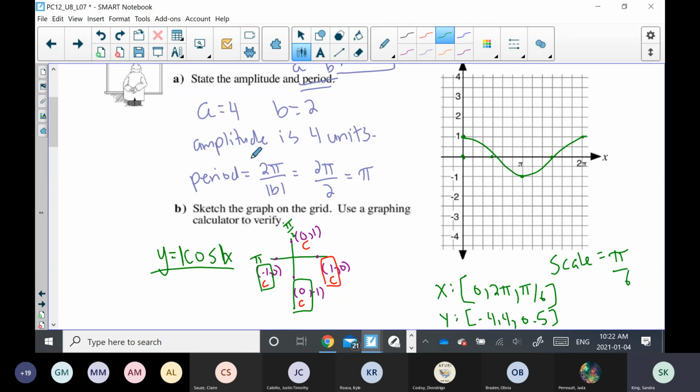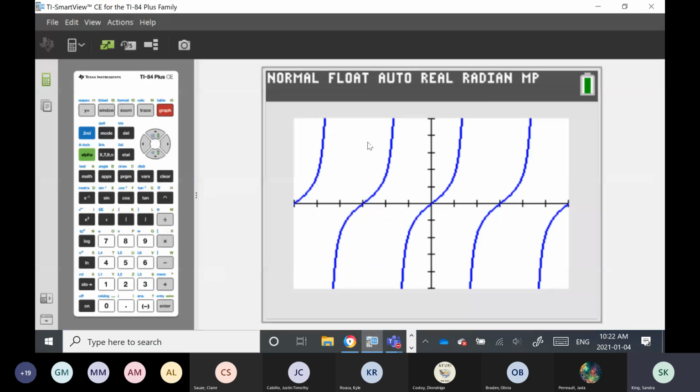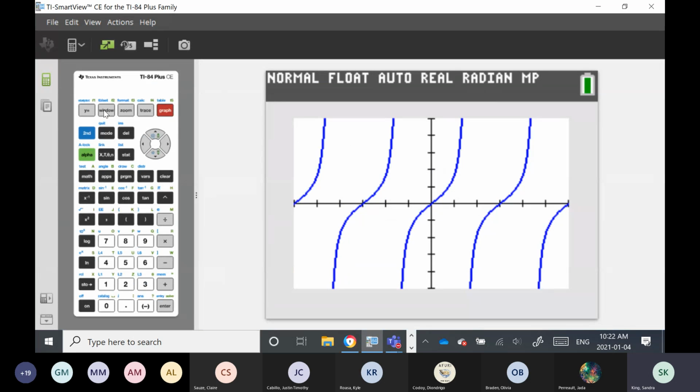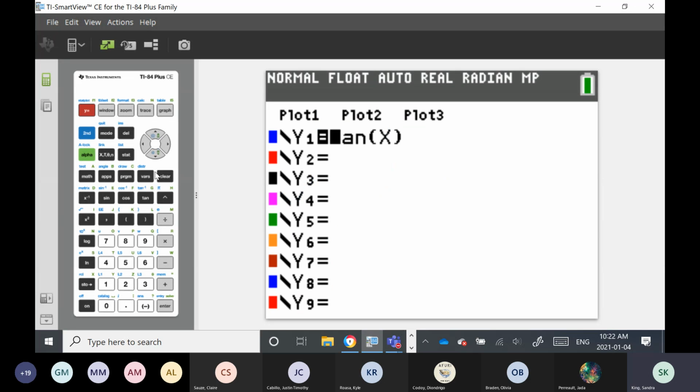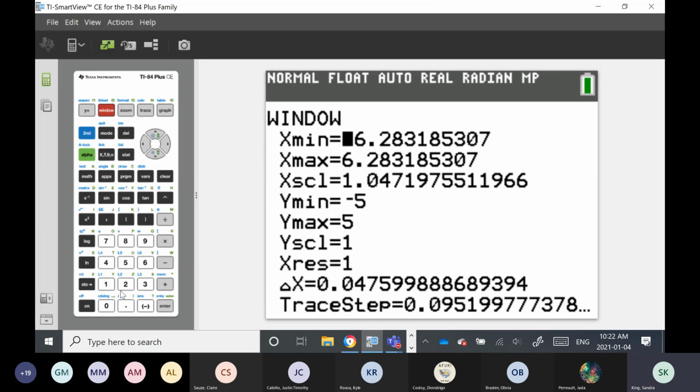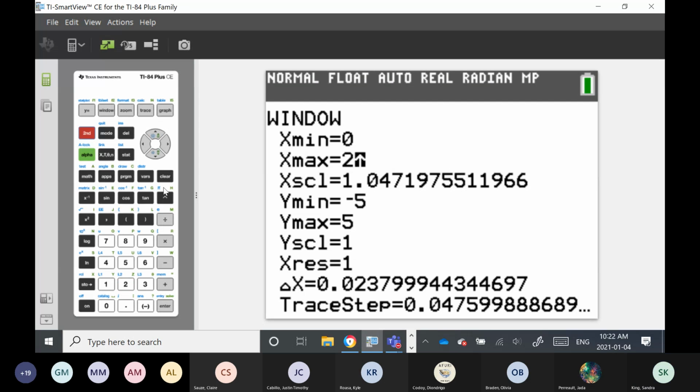Okay, so make sure your calculators are out. Make sure first you're in radian mode. So I'm in radian mode. Let's punch in the original, which was cos of x. Let's do our window. So they want it to go from 0 to 2 pi.